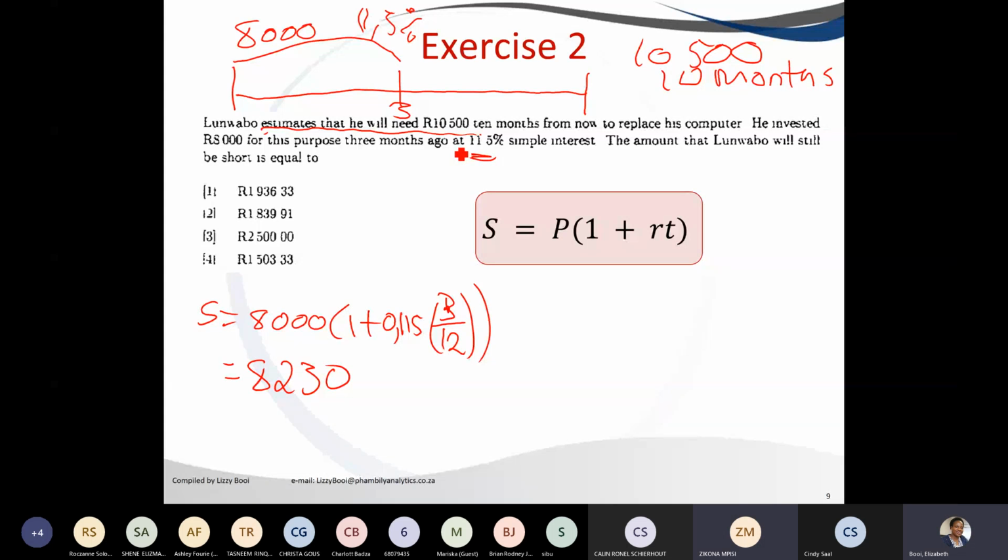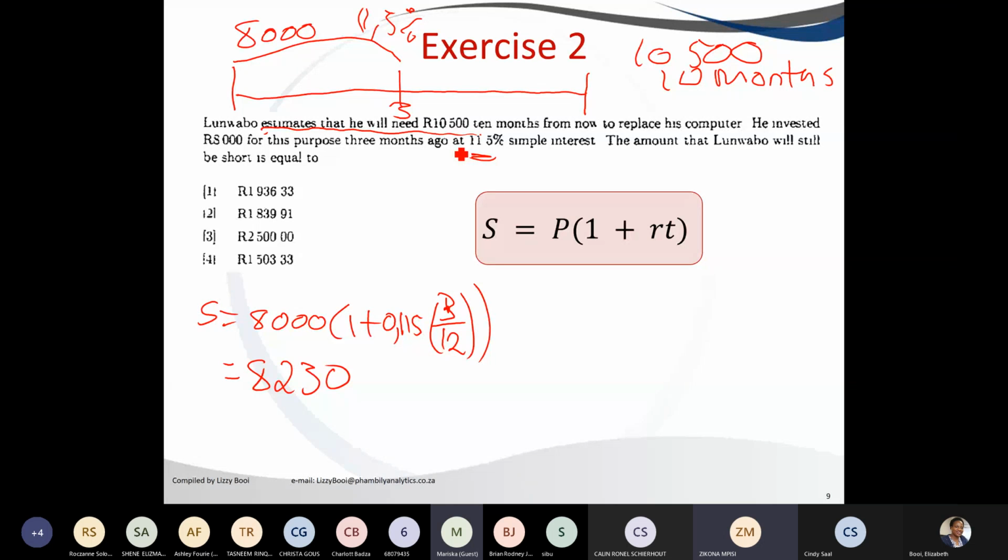But now there's no exact answer, because the answer is 2,270 and there's no 270 in the options. Or should we take 2,500 because it's estimated? I don't know. I'm asking.